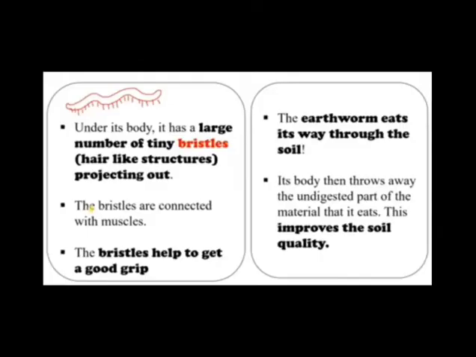Under the body of an earthworm, there are a large number of tiny bristles, hair-like structures projecting out. The bristles are connected with the muscles because they do not have bones, and the bristles help them get a good grip.